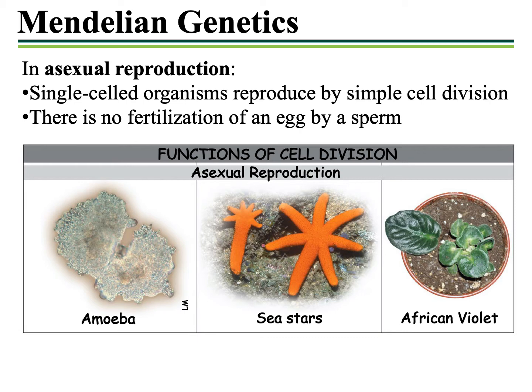They reproduce by simple cell division, which is a mechanism of asexual reproduction, like you see on the left-hand side with the amoeba. However, there are multicellular organisms, both animal and plant, like you see on this slide, that have the ability to reproduce asexually as well.